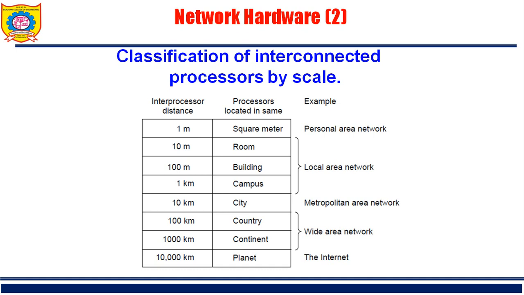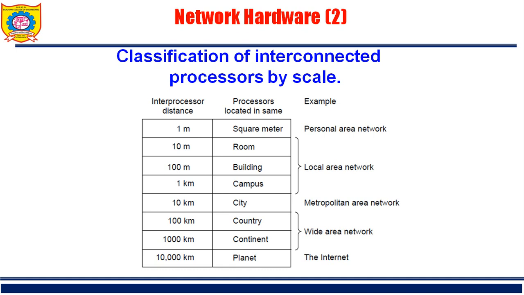The location may be a single room, a building, or a campus, such as our college campus. This type of network is called a local area network. Then the distance may be 10 kilometers, a region we call a city, such as Kopargaon city, Nagar city, or Nashik. Its network type is called a metropolitan area network.